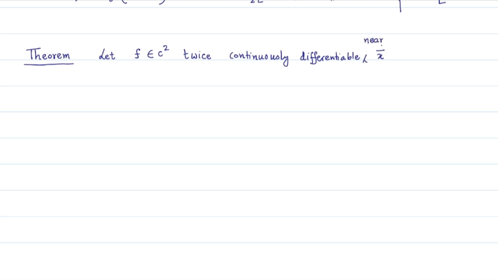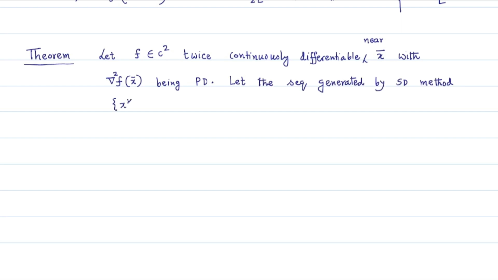That means there exists a neighborhood of the point x bar in which the function f is twice continuously differentiable, where at the point x bar the Hessian of the function is positive definite. Now let us suppose the sequence generated by the steepest descent method be the sequence xk that converges to the point x bar.